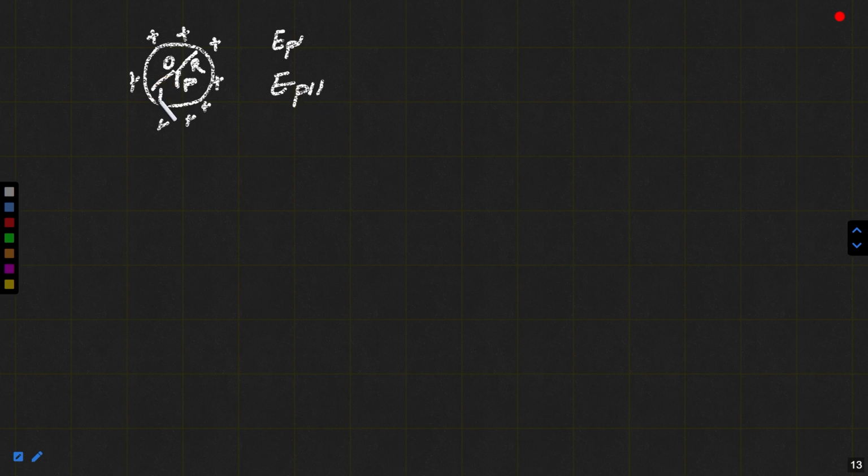So this is P double prime and this is P prime. There are 2 points. First point is this one, second point is this one, and this one is center O, and this one is the radius.